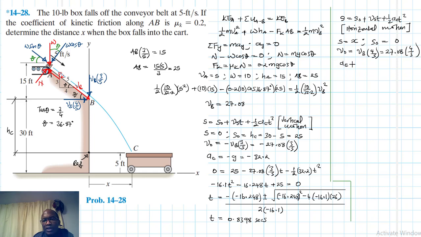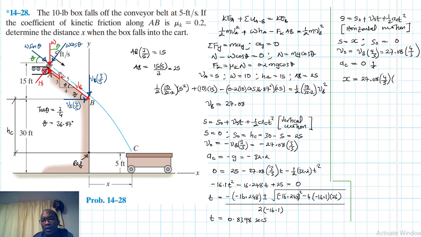And then we have AC just equal to 0. Therefore, our X is just going to be equal to V naught, which is 27.08 by 4 divided by 5 times T.